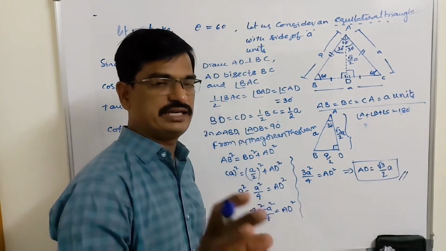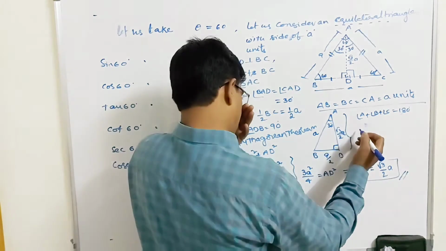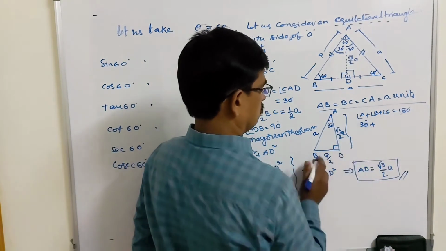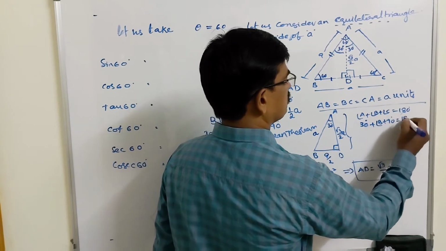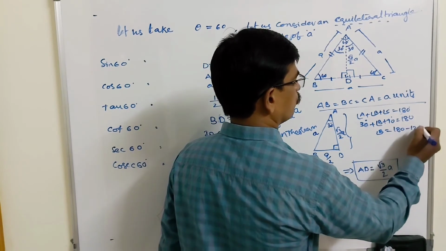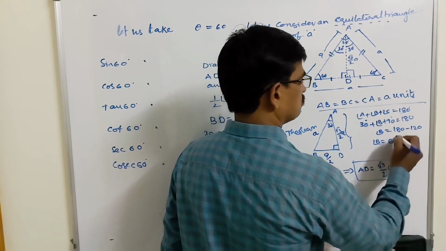Sum of the three interior angles in any triangle is 180 degrees. Okay, now replace angle A is 30 degrees, B we don't know, right, as it is, C is 90, right? Then angle B is equal to 180 minus 120. Then you will get angle B is equal to 60 degrees.